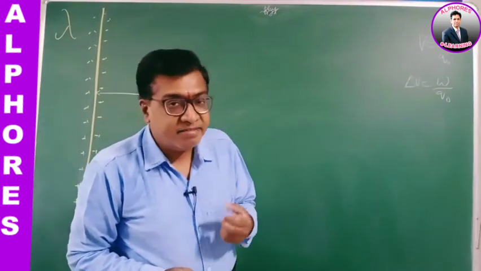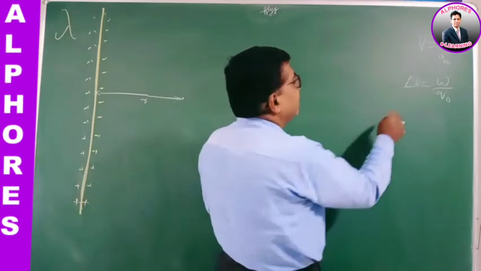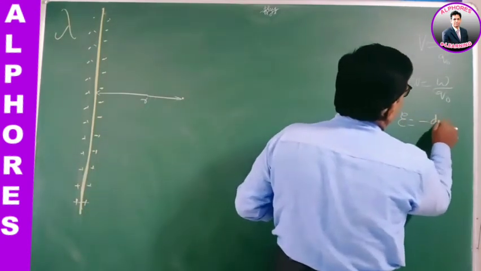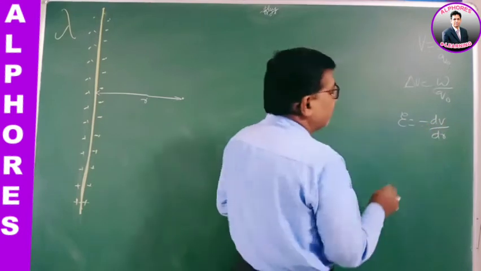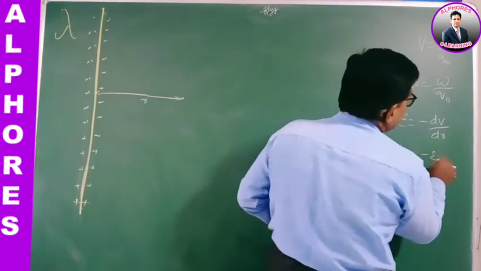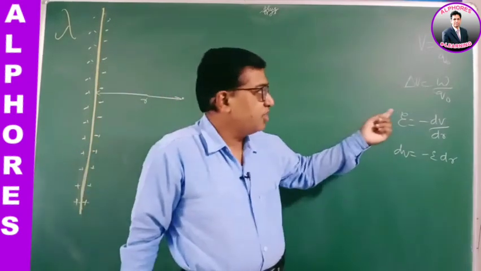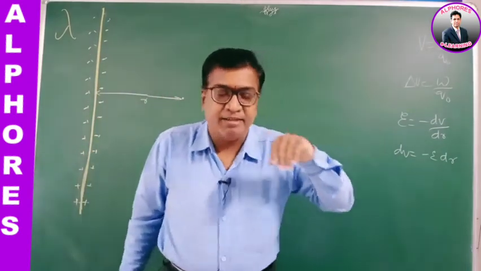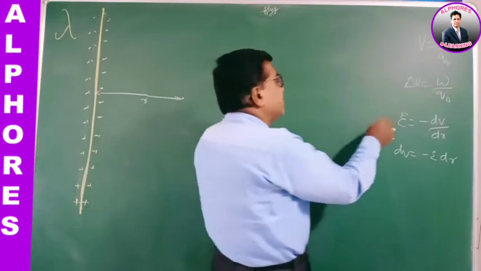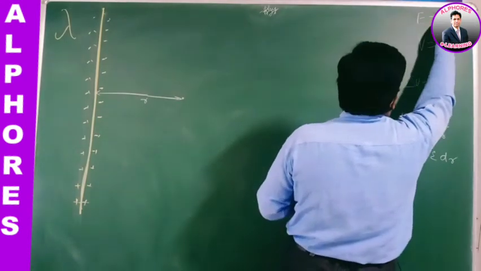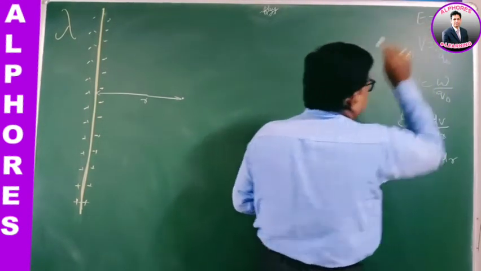And I have even stated the relation, electric field strength is minus dV by dr, or dV I can write as minus E dr. And electric field strength E is the force experienced by unit positive charge.